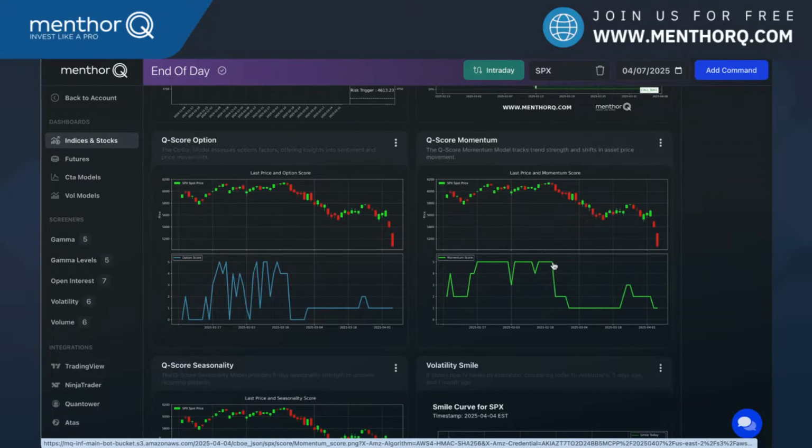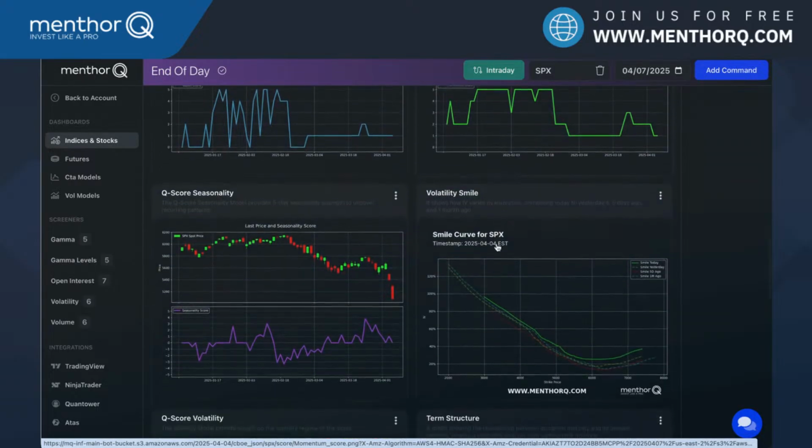And then again, when the momentum score dropped from 5 to 1, this is also when we started seeing this massive drop right there. So obviously these scores can be used for you to understand, okay, is the market changing? Are we seeing anything? And how can we use them for taking protection? And of course, to also build some trade ideas, right?